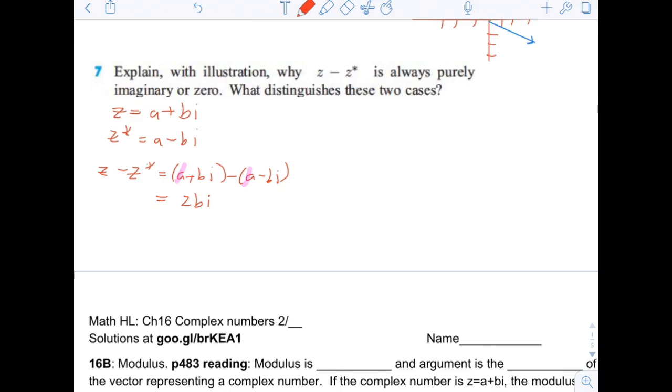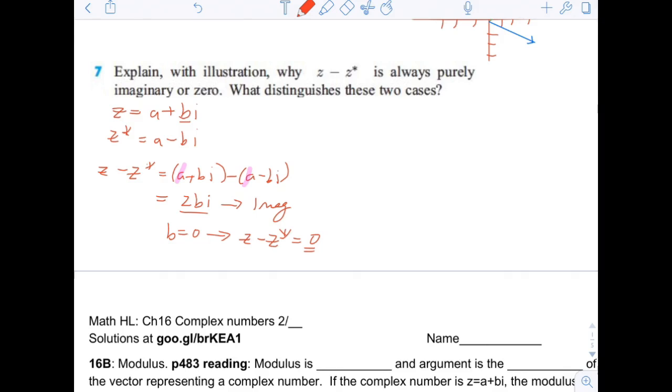The only way this could be anything but a purely imaginary number, because remember, b is a real number multiplied times i, which makes an imaginary, is if b happens to be 0. If b is 0, then z minus z conjugate is 2 times 0 times i, which is just 0. So what distinguishes these two cases is that in one case the magnitude is 0.